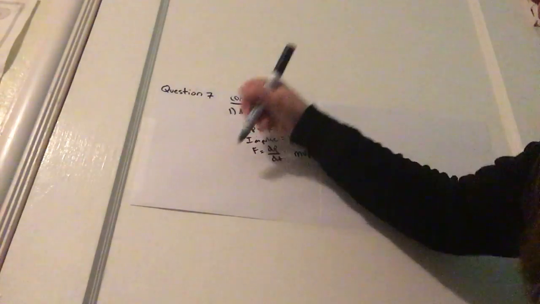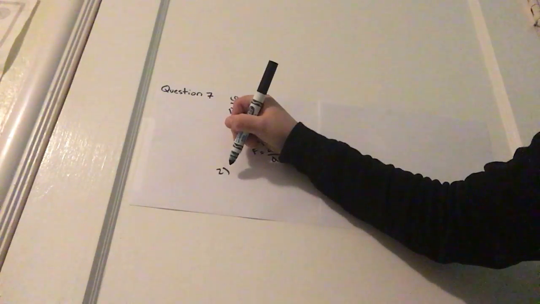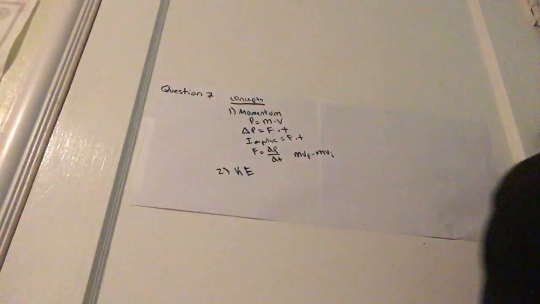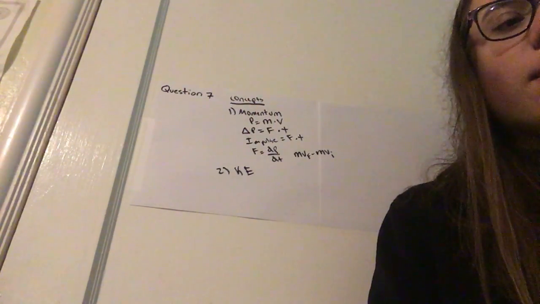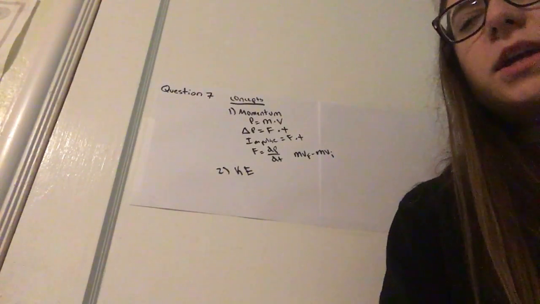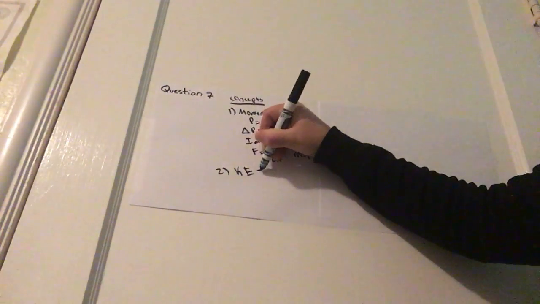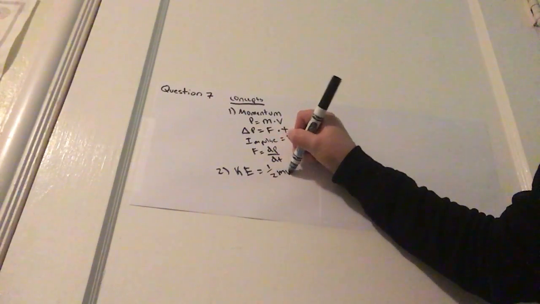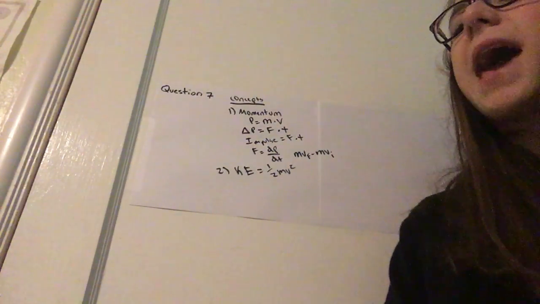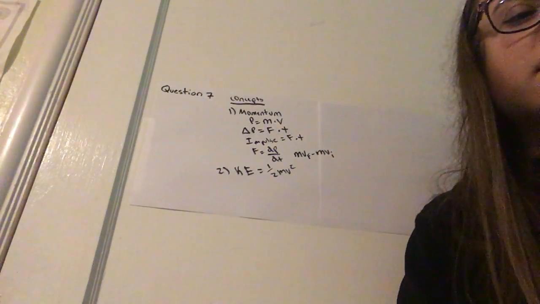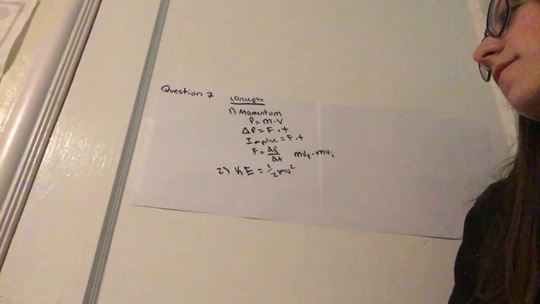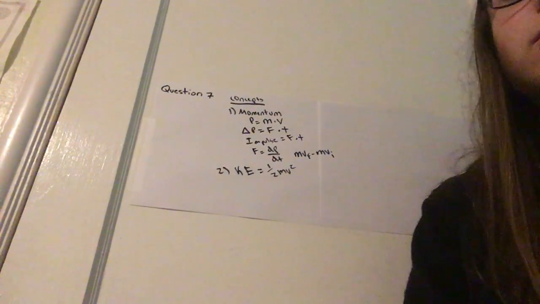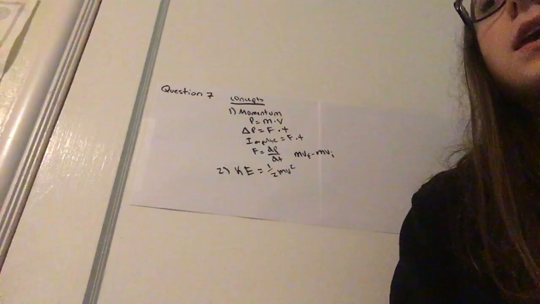Okay, so the next concept I will go over is kinetic energy. I've already explained this in other videos, so I'll just do a quicker explanation. The formula for kinetic energy is 1/2 mv squared, where m is mass and v is velocity. If kinetic energy changes, momentum will also change, and it's proportional.